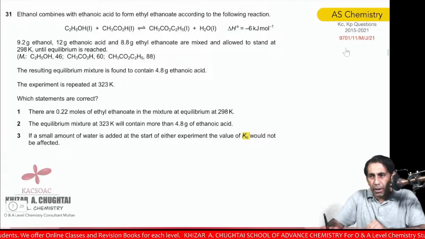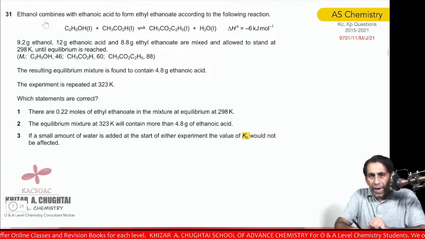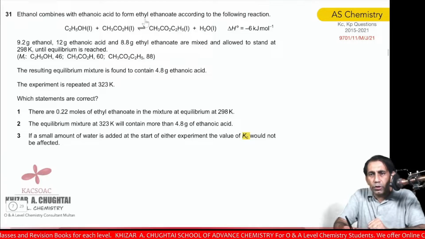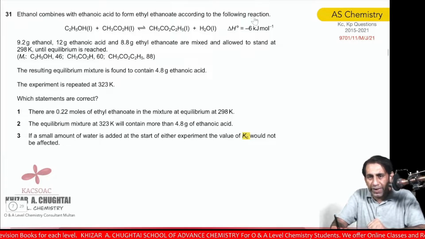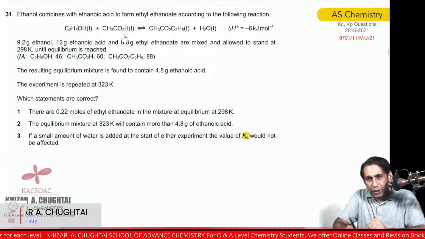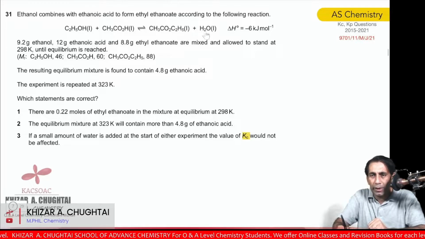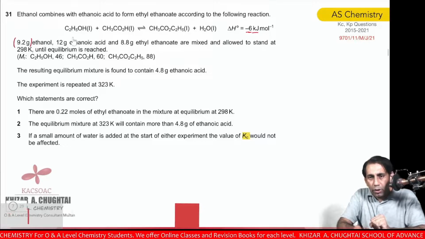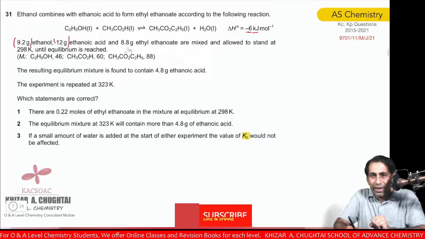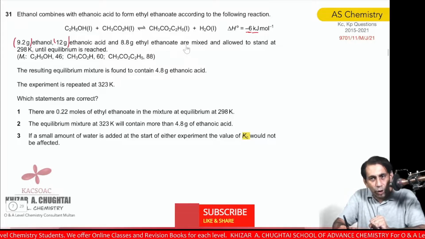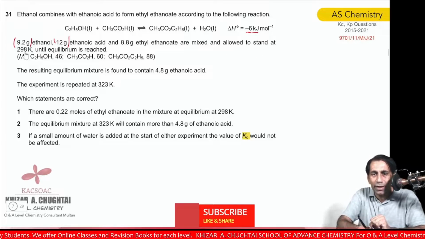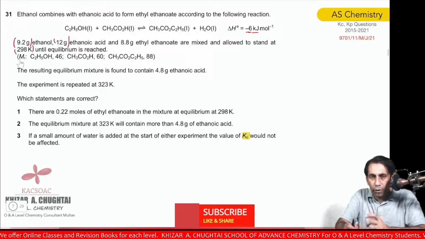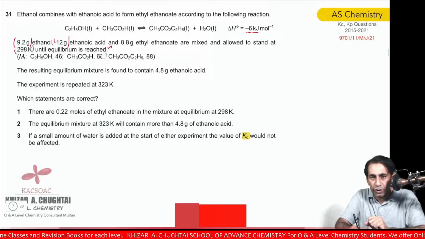Next question. May, June 2021, ethanol combined with ethanoic acid to form ethyl ethanoate according to the following reaction. Ethanol plus ethanoic acid goes to ethyl ethanoate plus H2O, and delta H is equal to minus 6 kilojoules per mole. 9.2 gram ethanol, 12 gram ethanoic acid, and 8.8 gram ethyl ethanoate are mixed and allowed to stand at 298 Kelvin, at room temperature, until equilibrium is reached.